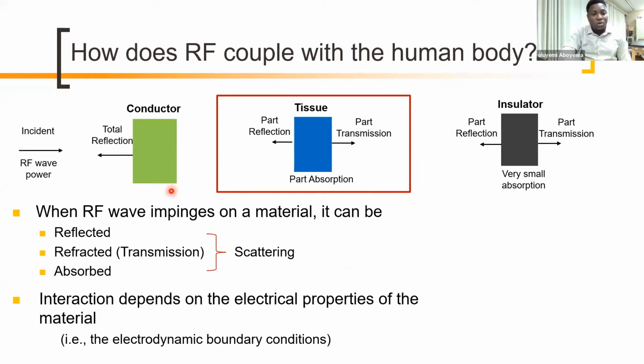For a perfect conductor, we're going to have a total reflection. And that has some details to do with the electrical properties of conductors, because inside a conductor, we don't have any electric field, and most of the charges, because electrons have a lot of free charges, both positive and negative. It's just like a sea of electrons and positive charges.